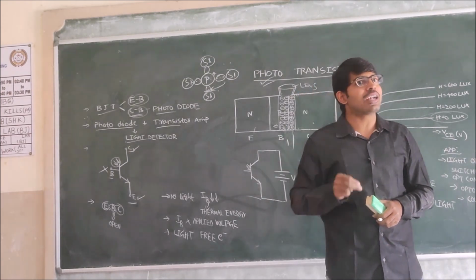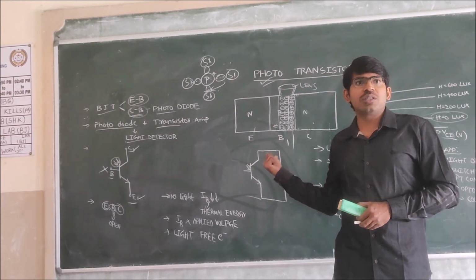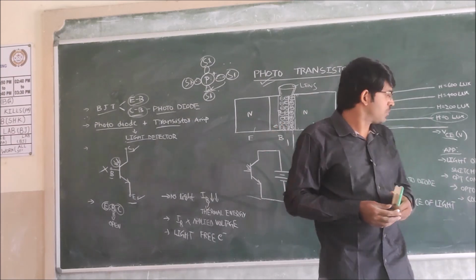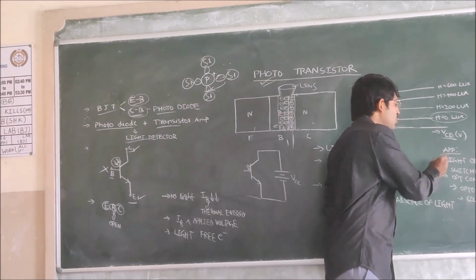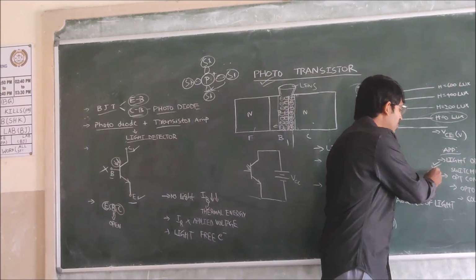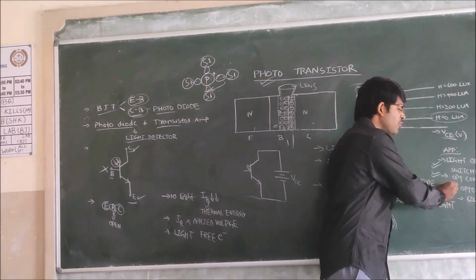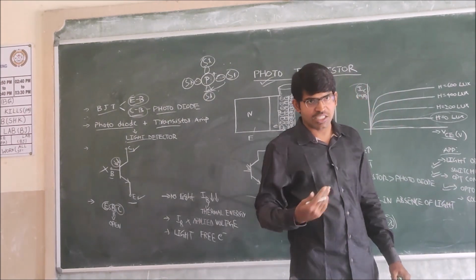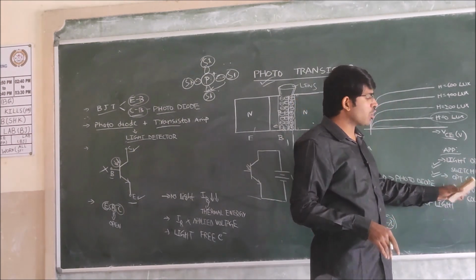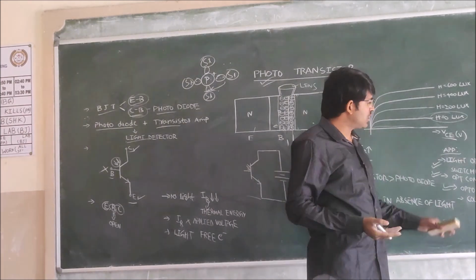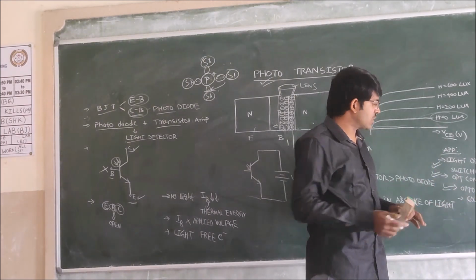It has to be converted to the electrical signal. At that time, we are using this phototransistor. In light operated switches, we use the phototransistor. In optical communication, we use the phototransistor. In the optocoupler, which we will discuss as the next topic, we also use this phototransistor.